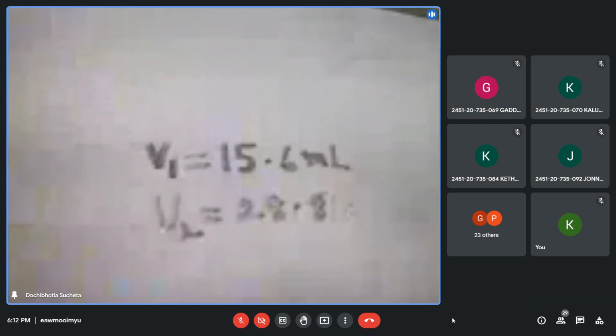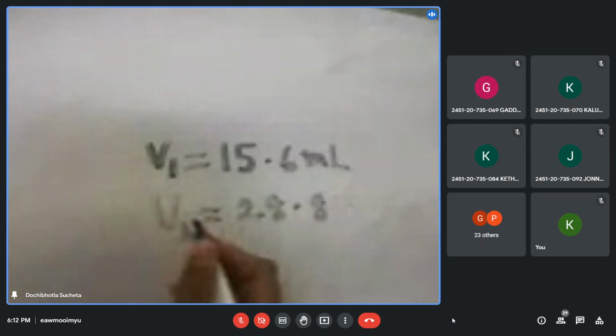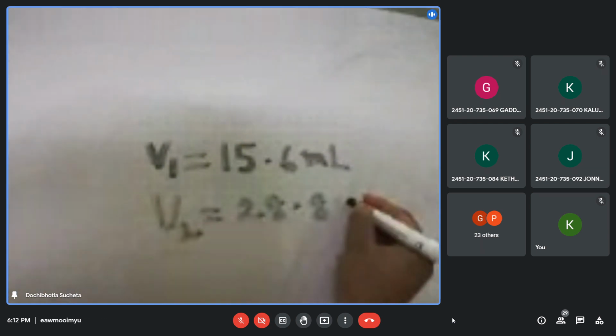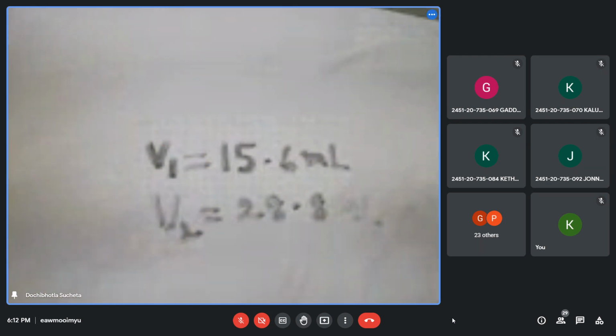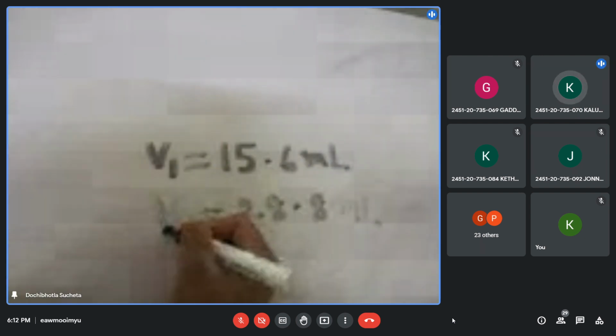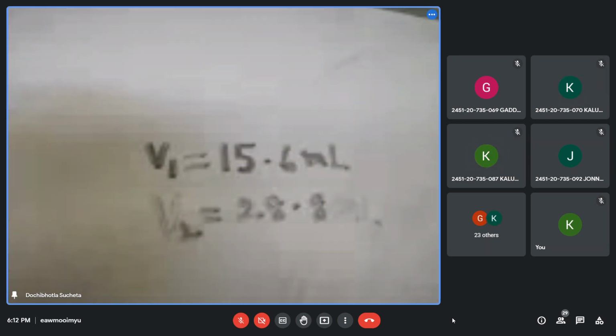So, what is the combination of ions that could be present if V2 ml is more than V1 ml? Carbonate and bicarbonate.